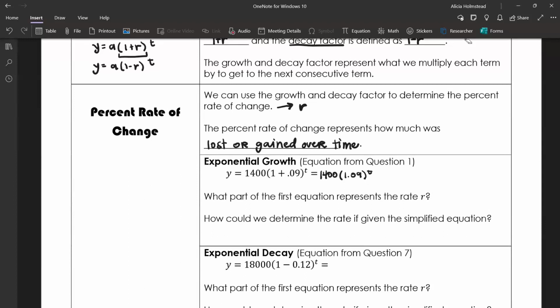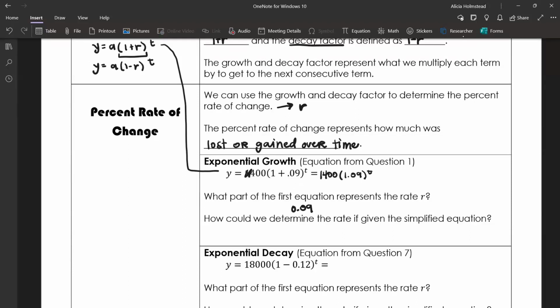Well, if you think back to the exponential growth equation that we were using before, then the part that was added to 1 has to be our r. So what part of the first equation represents that? It would be 0.09. Now, the second part says, how could we determine the rate if given the simplified equation?